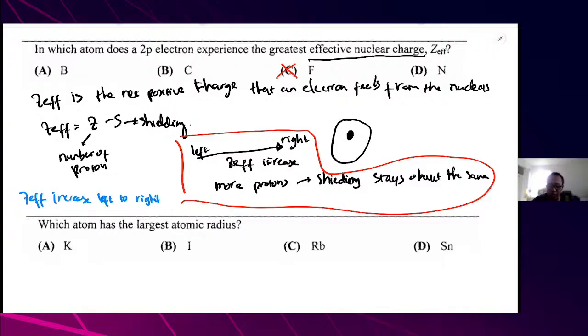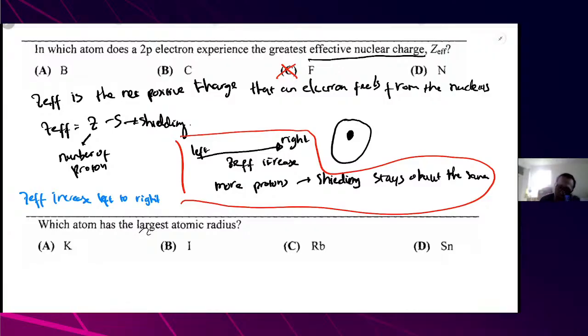Which atom has the largest atomic radius? We are being asked which of these atoms takes up the most space. We can restate that: which one of these atoms takes up the most space.